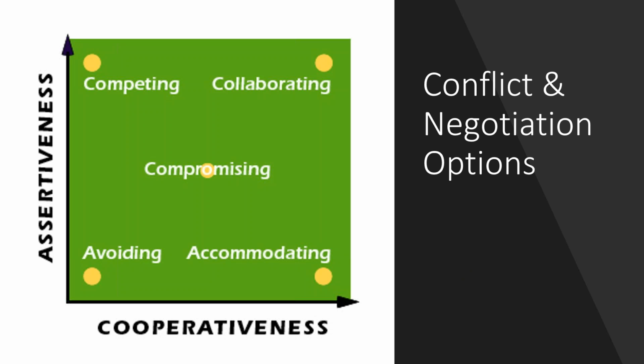So let me share with you how the model works, and while I'm doing that, it might be a good idea to have a look at your diagnostic, and it would be interesting for you to determine where you fit on the model, because the reality is all of us have a preferred way of dealing with conflict, and the problem with that is that we may overuse it. And if we overuse it, it means that we're being less flexible than we probably could be.